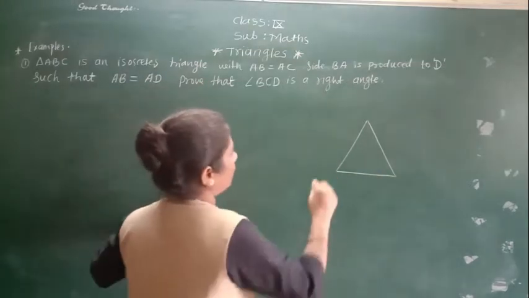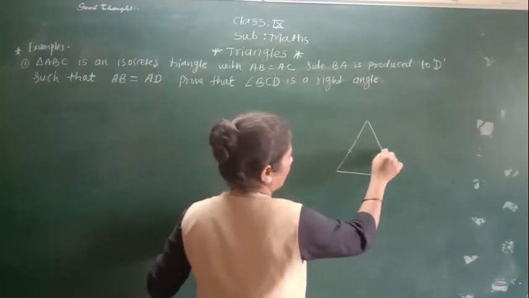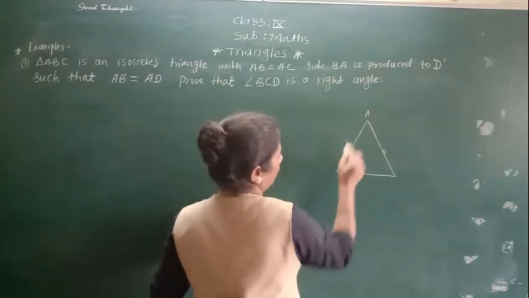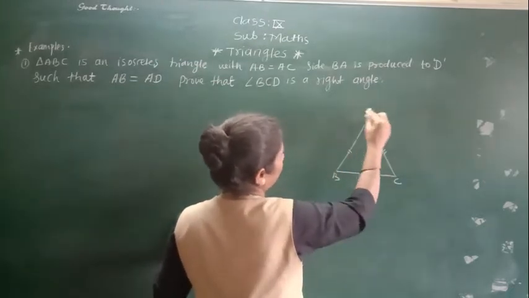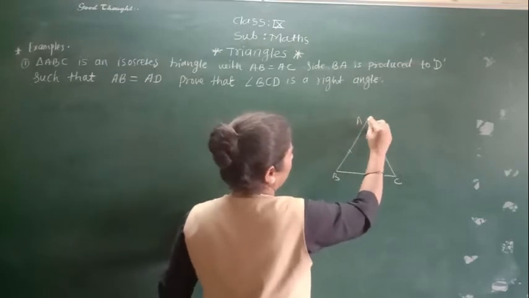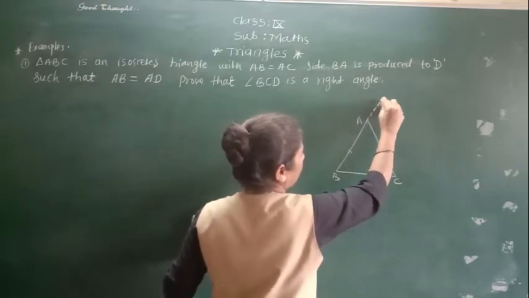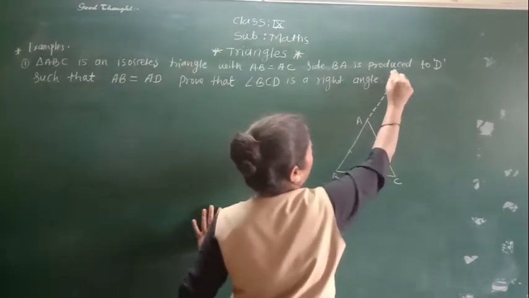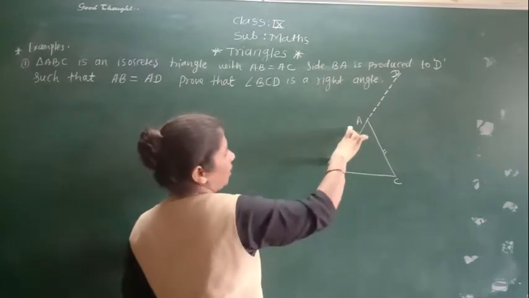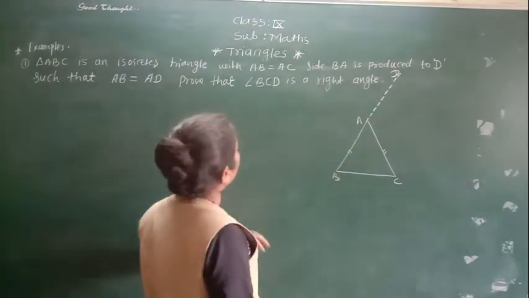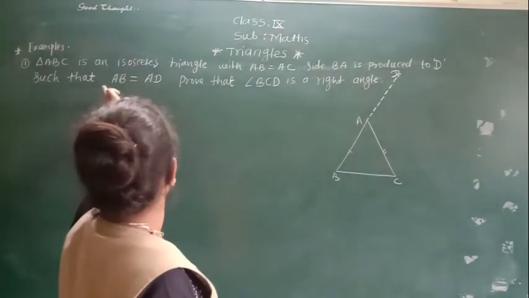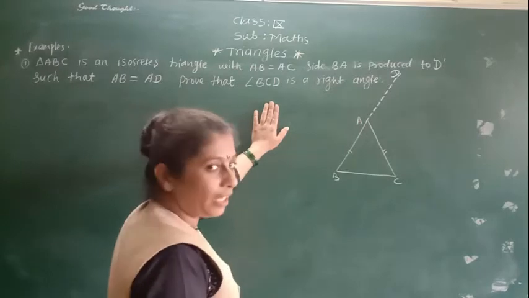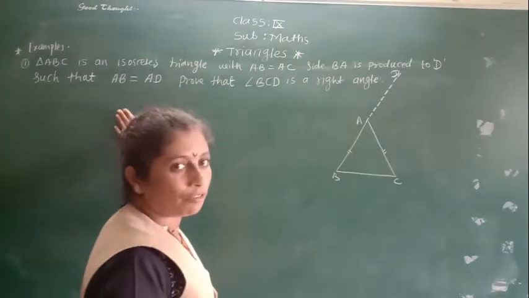Isosceles triangle with AB equals AC. Then side BA is produced to point D. To produce means we have to extend this side up to point D, in such a way that BA equals AD, right? So we have produced BA to point D in such a way that AB equals AD. Then this is the given part for this example.